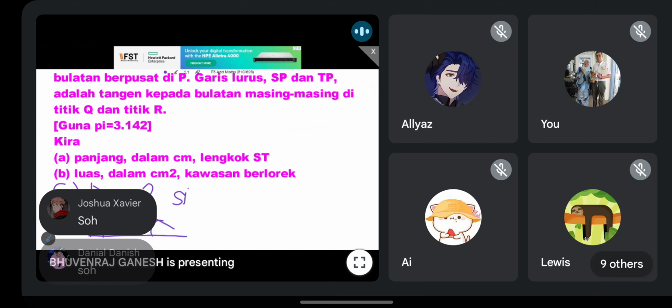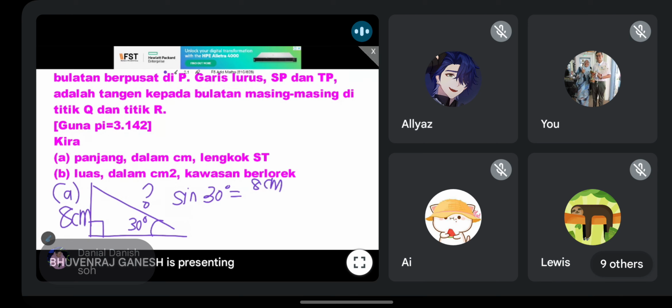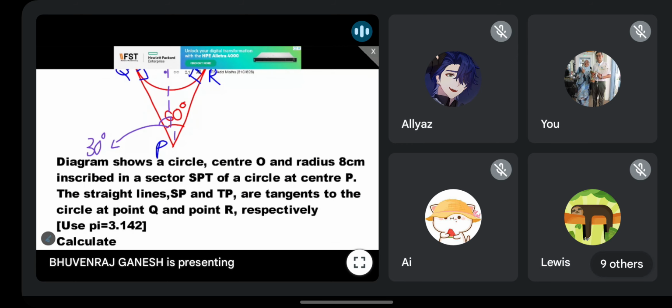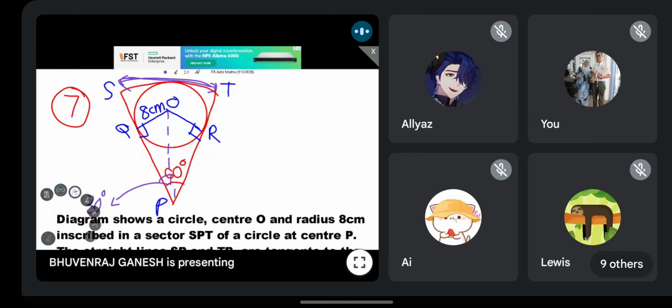Yes, sine. Okay, so sine 30 is 8 cm over hypotenuse. I put h. So h is equal to 8 cm over sine 30. So you will get answer is 16. Okay, so now you can solve the question already. Kamu boleh selesaikan. So you got this one is 16.